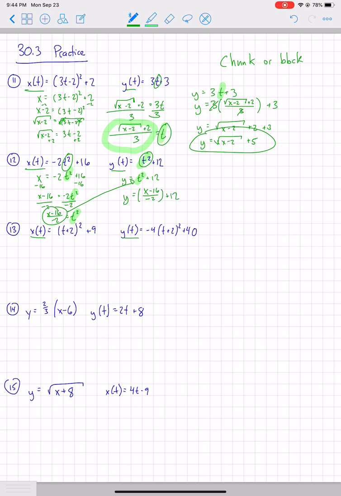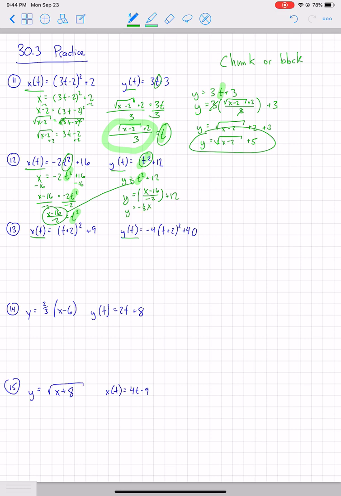The negative 2 doesn't cancel out, so we should distribute it. So y is equal to negative 1/2 x, right? The reason why I say that is because we could say y equals x divided by negative 2, but that doesn't look as nice as y is equal to negative 1/2 times x.